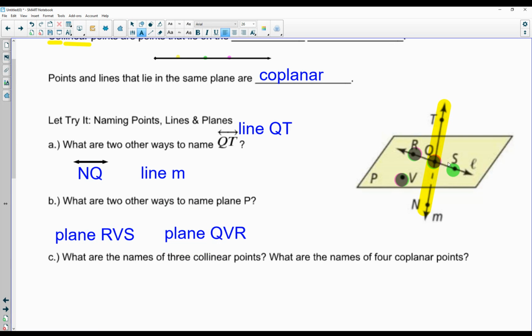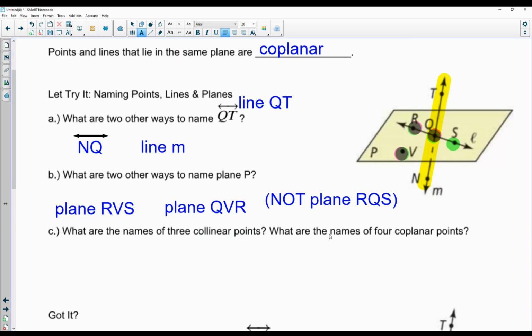What we cannot pick is plane RQS. Not plane RQS, and the reason is because R, Q, and S are all on this line L, so that's not okay. The 3 points that you pick have to be non-collinear points.